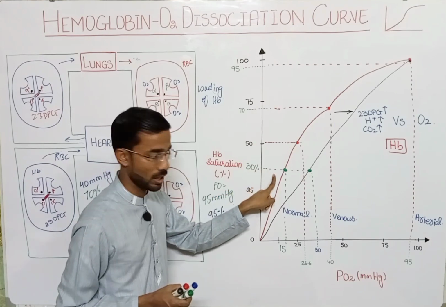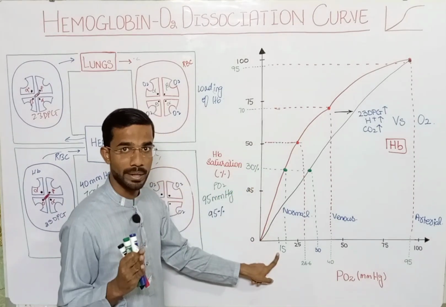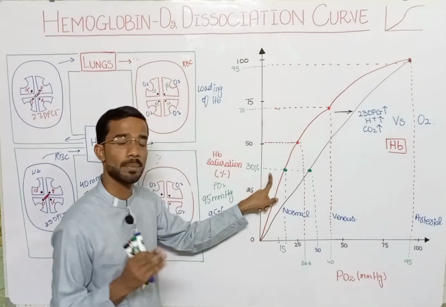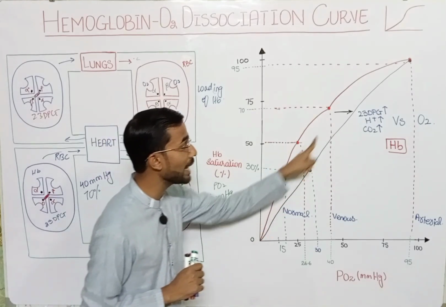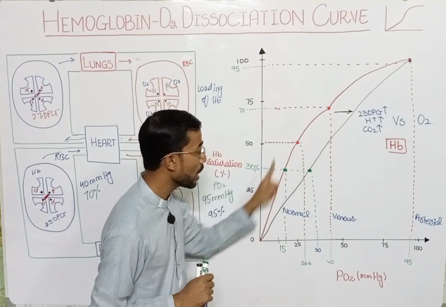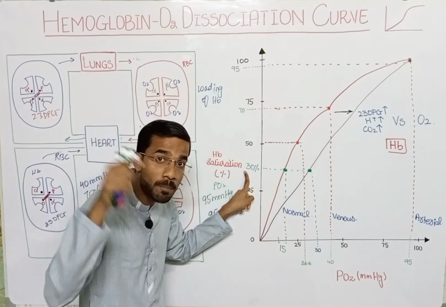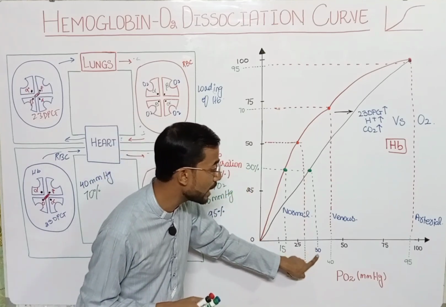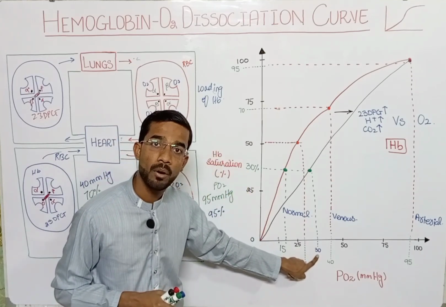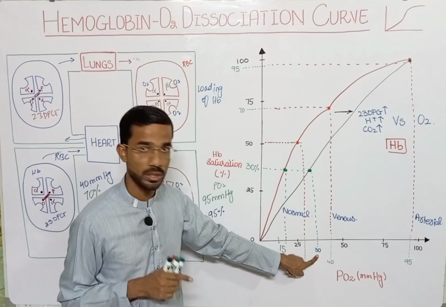In the normal situation, at 15 millimeters of mercury, the hemoglobin is 30% saturated. But in the right curve, for 30% saturation of the hemoglobin, we require 30 millimeters of mercury oxygen partial pressure.